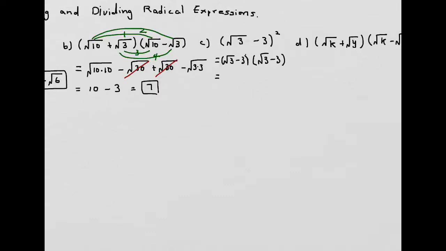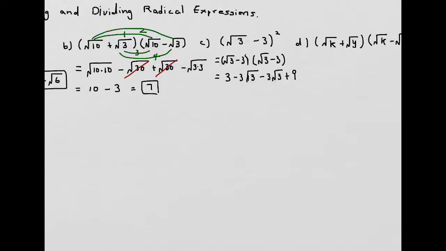So first two multiplications is square root of 3 times 3, which is going to be 3. Outer will give you negative 3 square root of 3. Inner, you get 3 square root of 3. Last two, both negative, you're going to get positive. And 3 times 3 is 9.